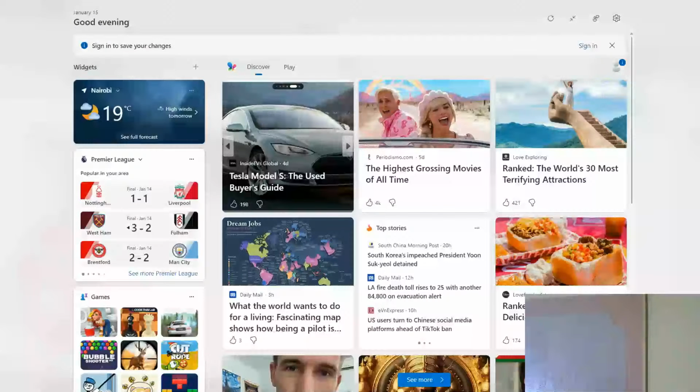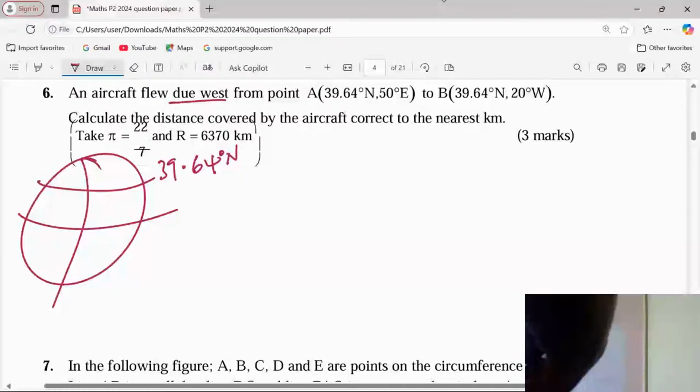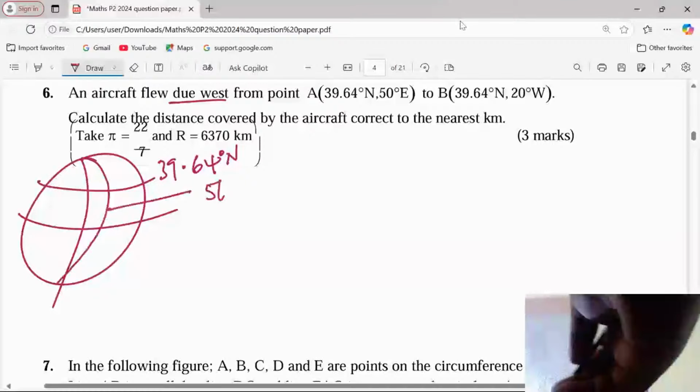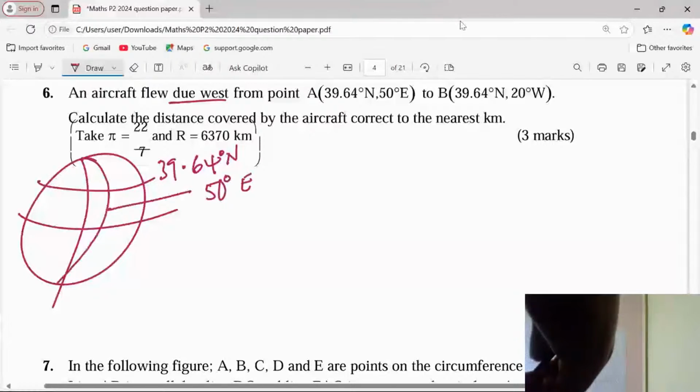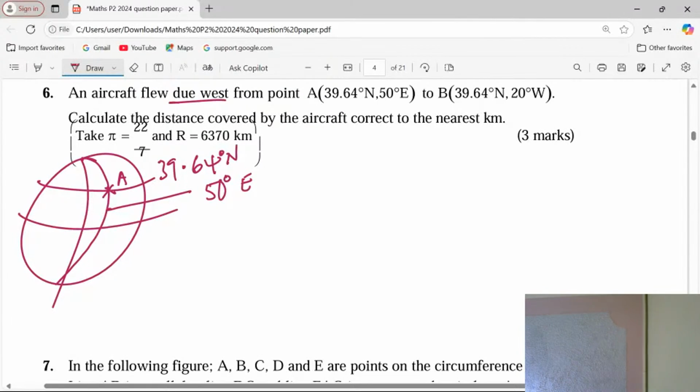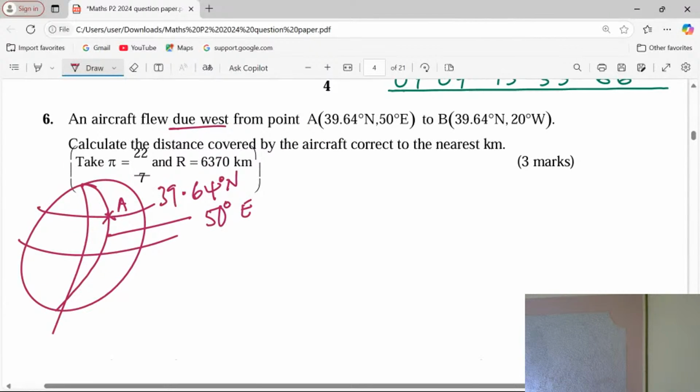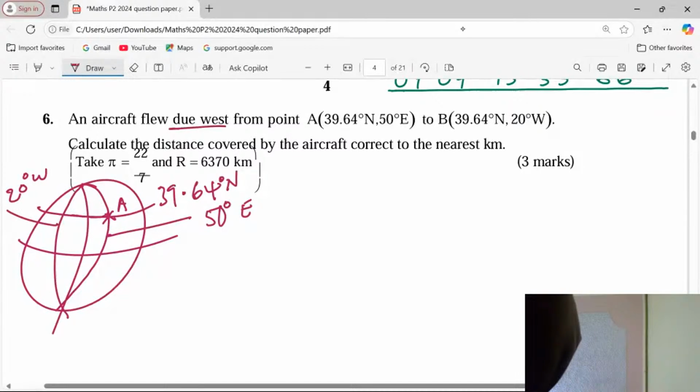On the east side, we have 50 degrees east, so at this point we have A. Then this plane is going to move westward till 20 degrees west. It means we will be moving along that latitude until point B, 20 degrees west.